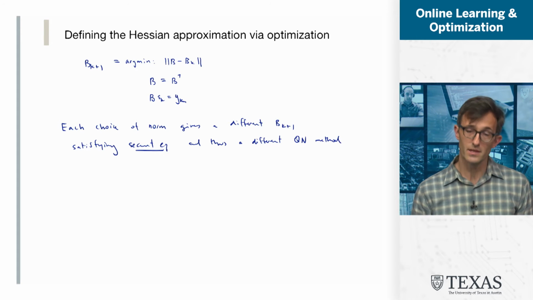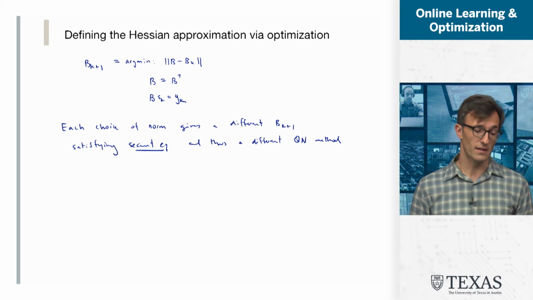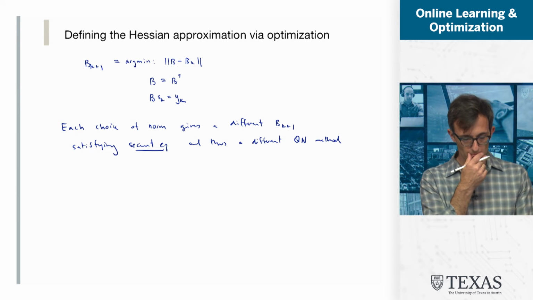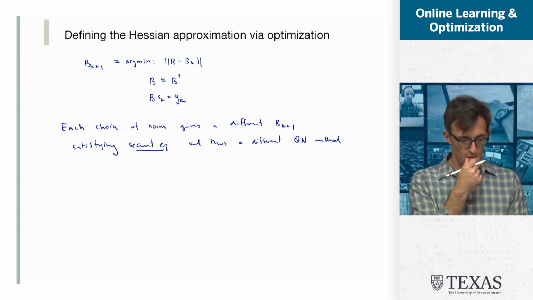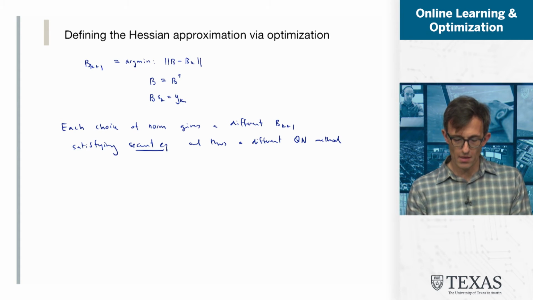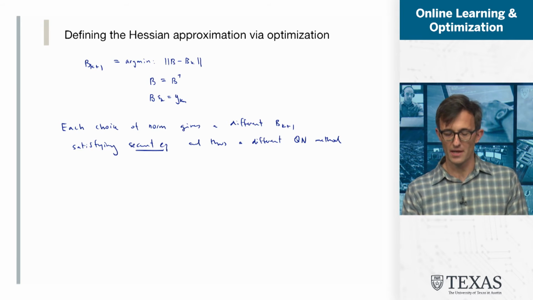But nevertheless, a different quasi-Newton method in this spirit, one that's derived by asking to match curvature, by asking to match slope at two subsequent points of the iteration. Okay, so this actually has a solution for a particular norm, and developed in this way, it has a different name.